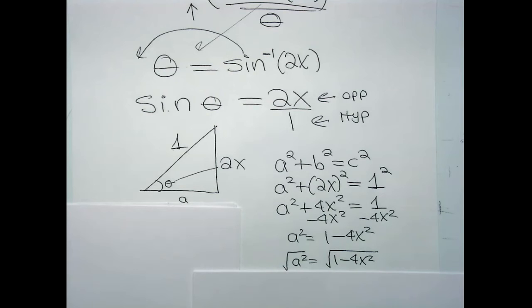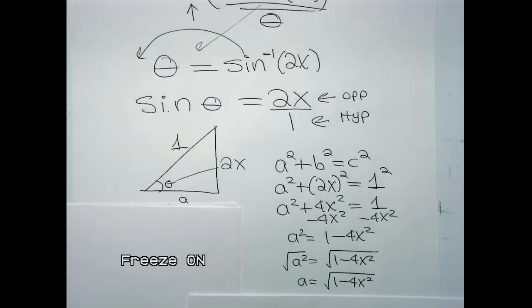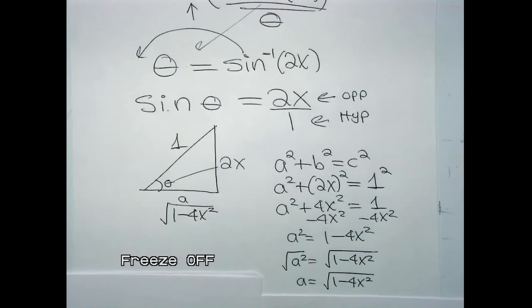But naturally, we take just the positive version. And the reason for that is because A is a measurement. It is the measurement of a side of a triangle. This is the way we deal with functions that are mixed together. When you mix a regular function and an inverse trig function, theta equals the inside. Move that function over so we do have an original trig function back.